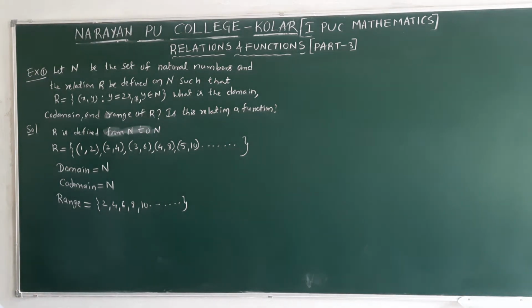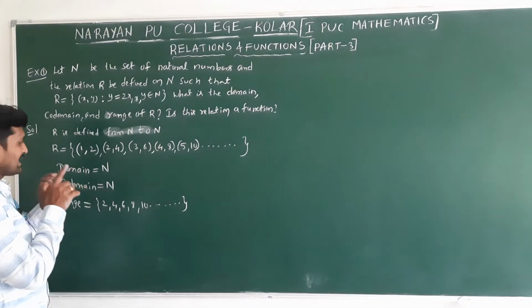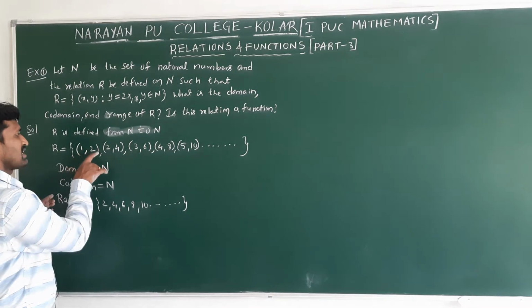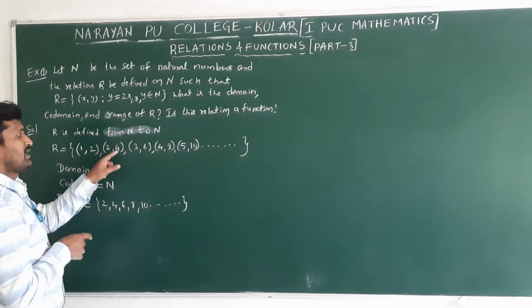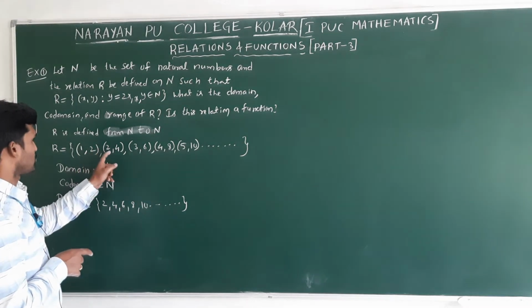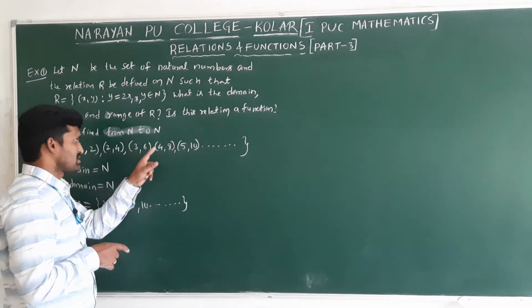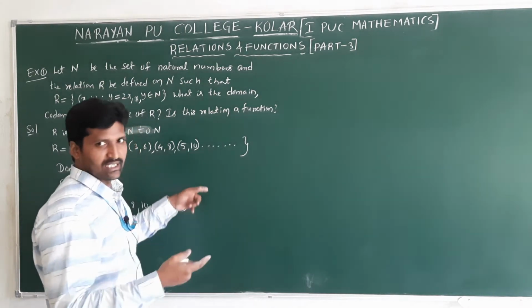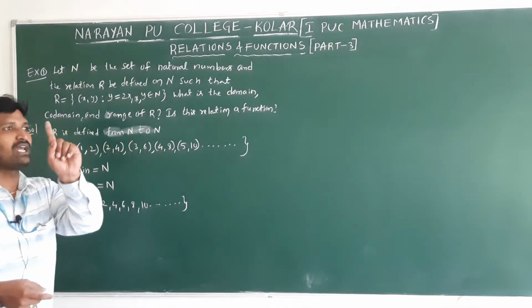Clear? Now, is it clearly a function or not? Check once. Because every element is getting an image. Clear? No element is left. 1 takes image 2, 2 has image 4, 3 has image 6, 4 has 8, 5 has 10 image, 6 takes 12 image, like that. So every element is mapped with only one element.